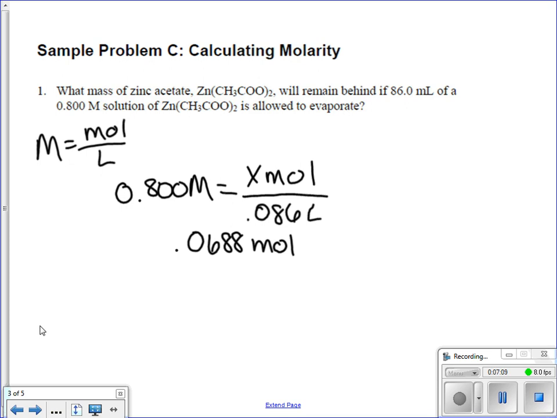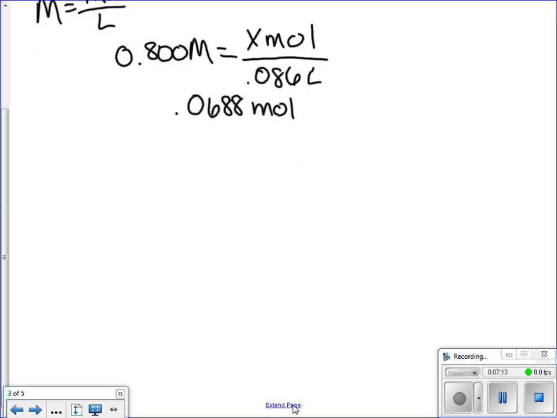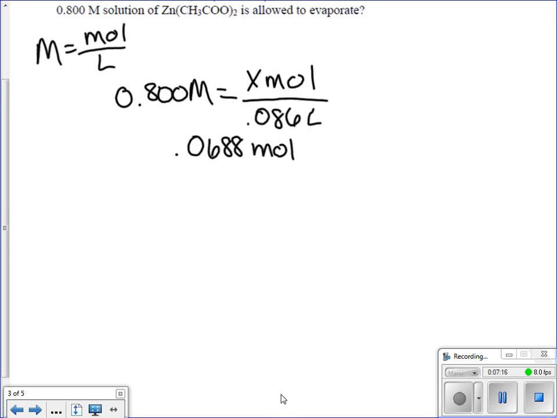It doesn't ask for moles. It says what mass. We measure mass in unit of grams. So we're now going to have to take this number of moles and convert it to grams. And we do that by using the mass from the periodic table.